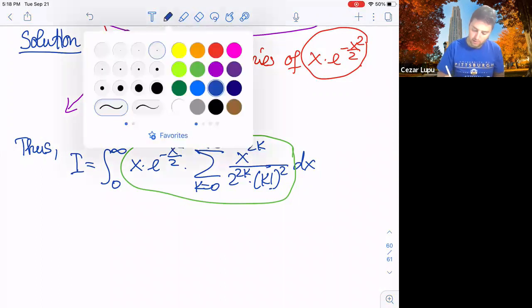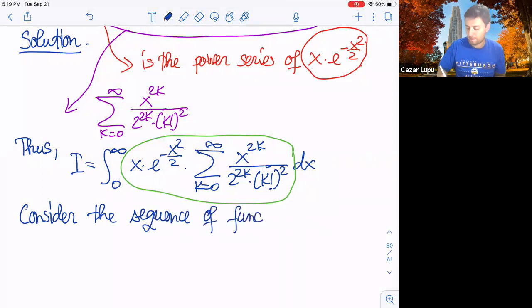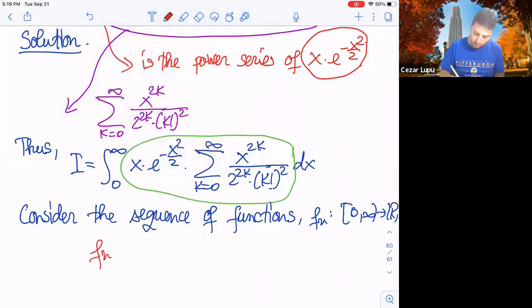Let's consider the following sequence of functions, F_n, and F_n of x is given by x e to the negative x squared over 2 times the sum, where I'm going to consider the partial sum.